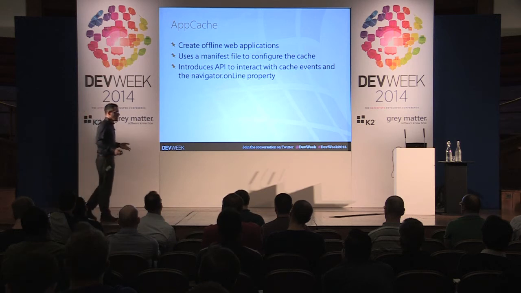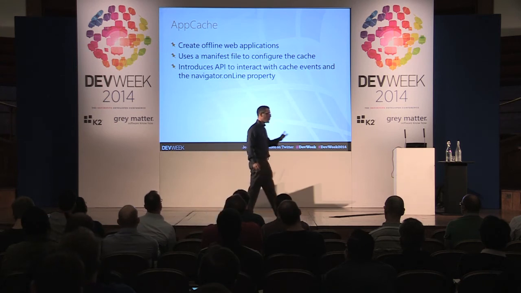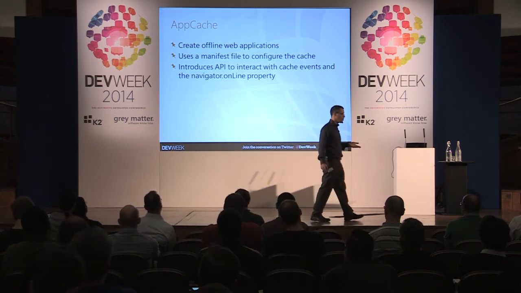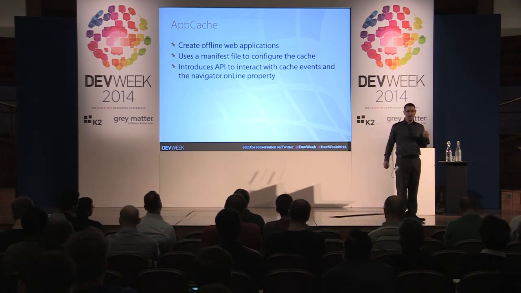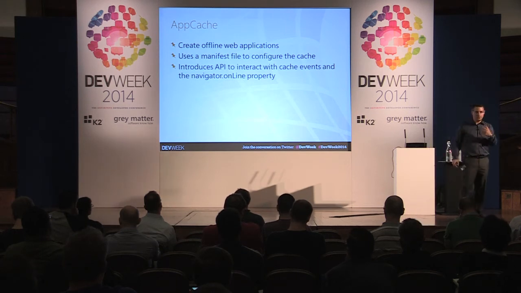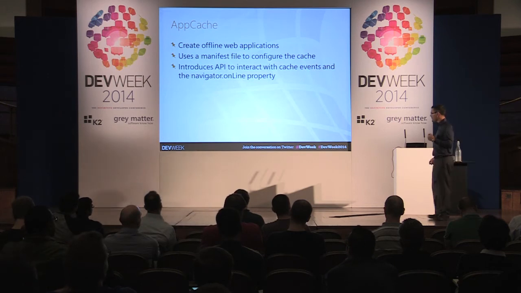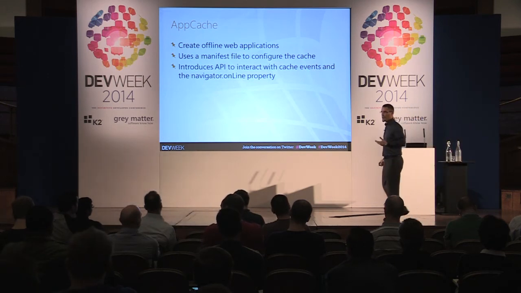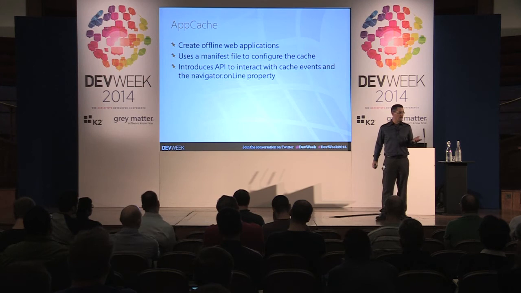Okay? So in order to create offline web application, you just need to point your HTML web page to that manifest file. That manifest file has to have very strict things that I will show you once we will see the demo. And you have app cache API. The app cache API enables you to detect when you are online and when you are offline using the online and offline events.